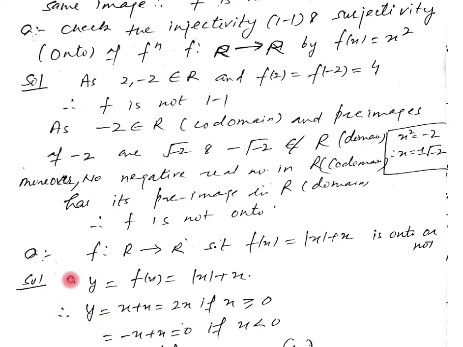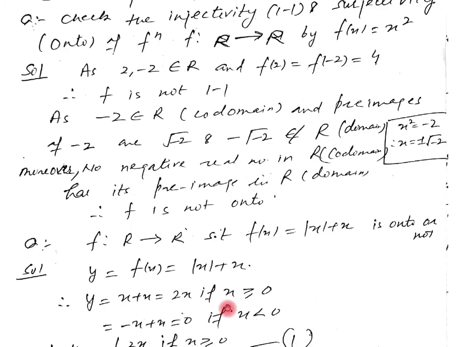Now it can be written as y equal to x plus x equal to 2x if x is greater than or equal to 0, because when x is greater than or equal to 0, mod of x equal to x. And if x is less than 0, then mod of x is minus x.